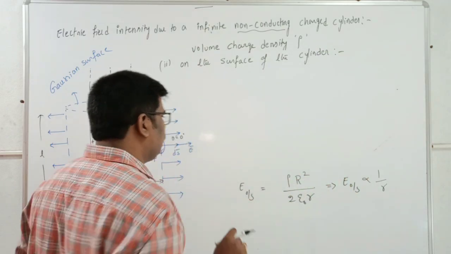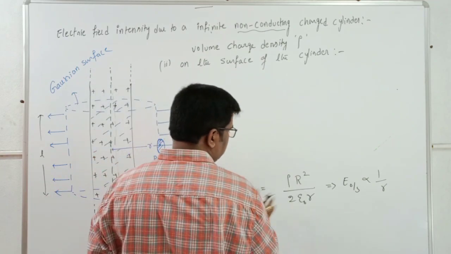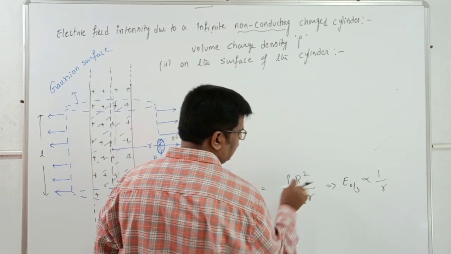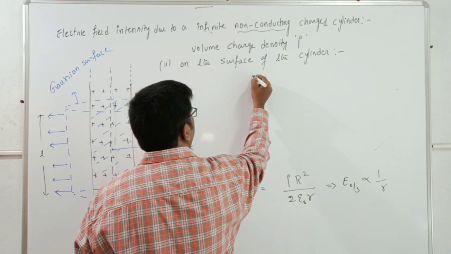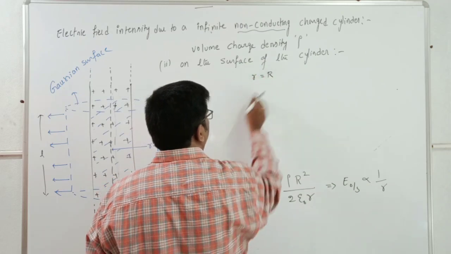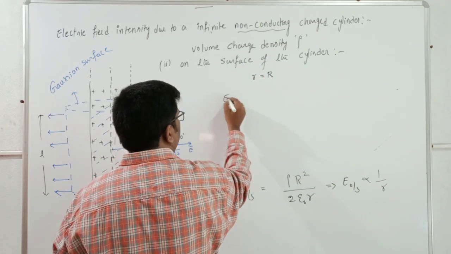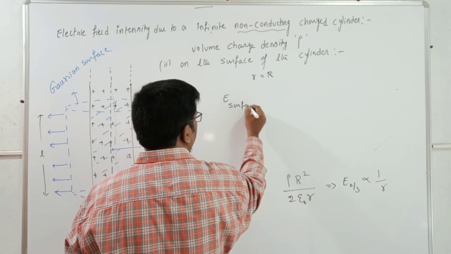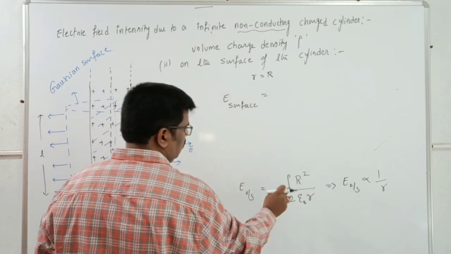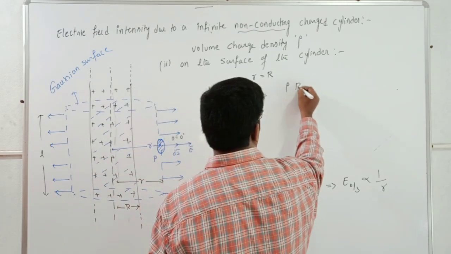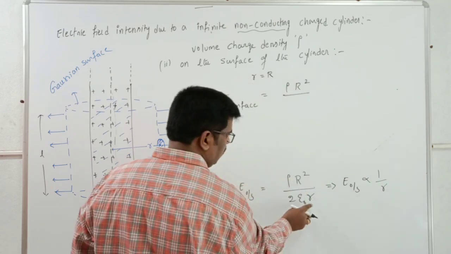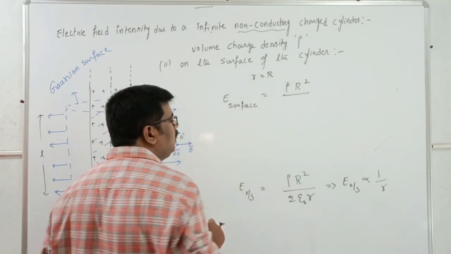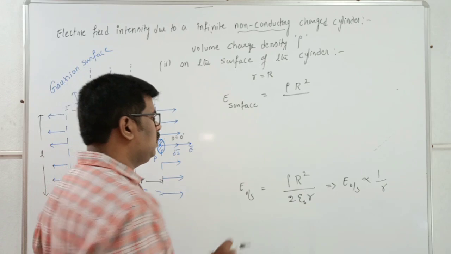If you take it on the surface of the cylinder, we just need to change the outside case: small r becomes capital R. On the surface of the cylinder means small r equal to capital R. Then E on the surface we can write as rho capital R square by 2 epsilon naught, and in place of small r I write the capital R. Then what is going to be cancelled?